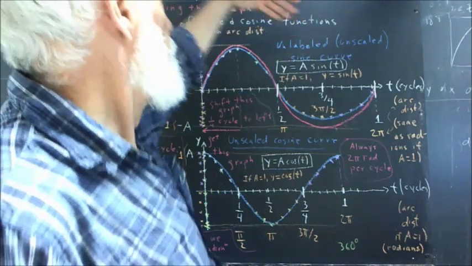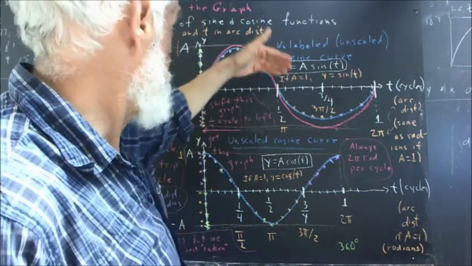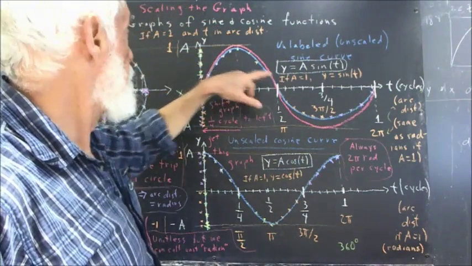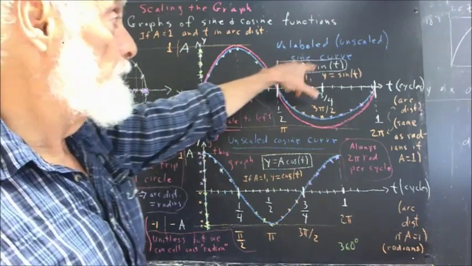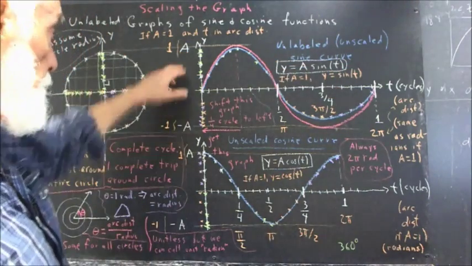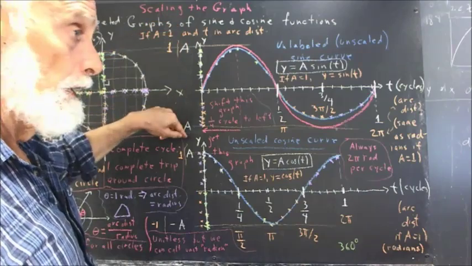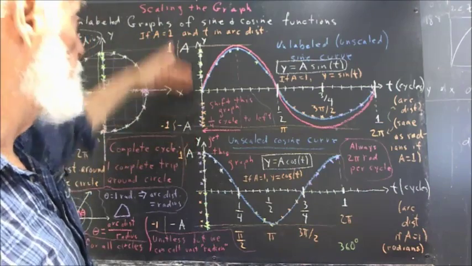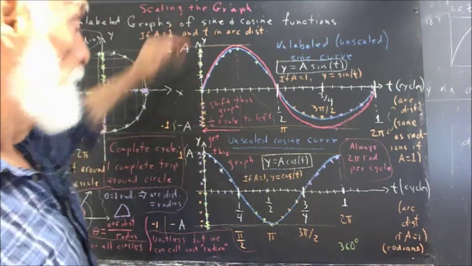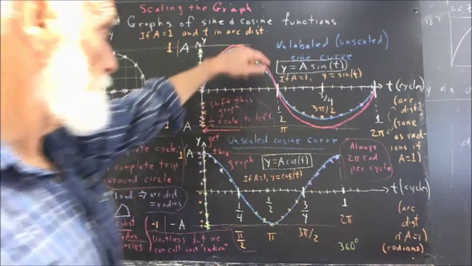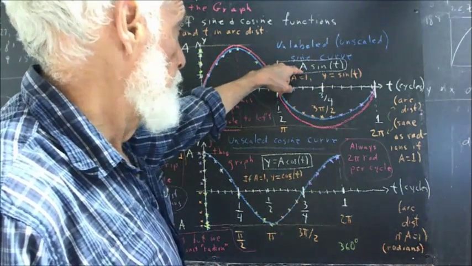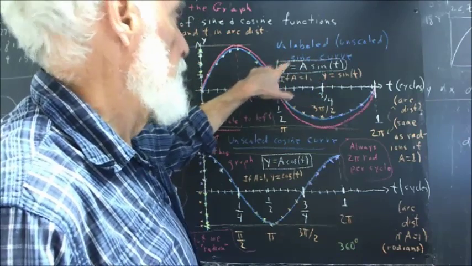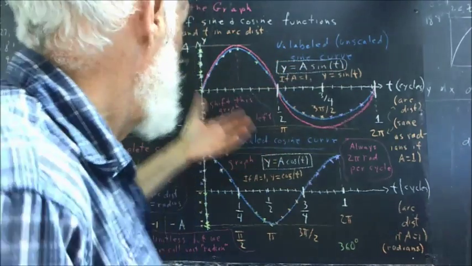It's a sine curve. I'm going to define the sine function in terms of this graph, in terms of this model. So y is going to equal, in this case, a times the sine of t. If the labeling has a here and negative a here, whatever those numbers are, negative 10 and 10, negative 0.002, 0.002, whatever they might be, then that number is going to go here, and we have the function y equals 10 sine of t, y equals 0.002 sine of t, whatever.